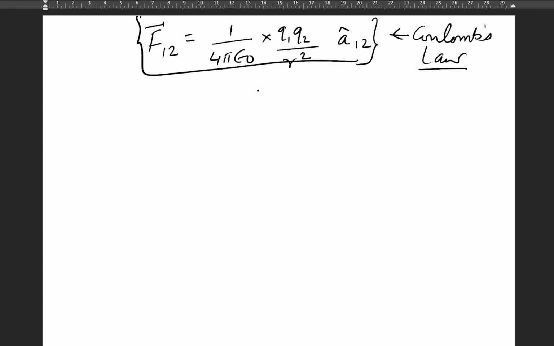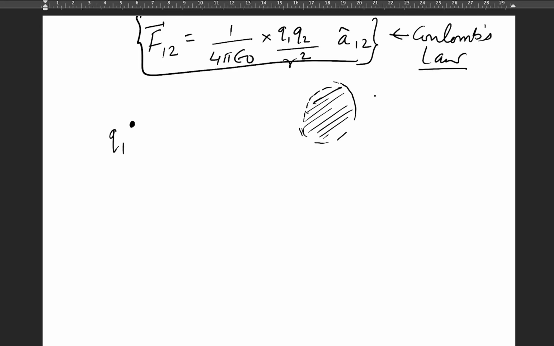Now, what will happen if these two are not point charges? Let us say one of them is a point charge and another one is a uniform distribution of charges.